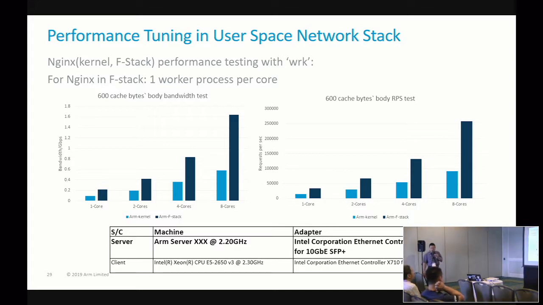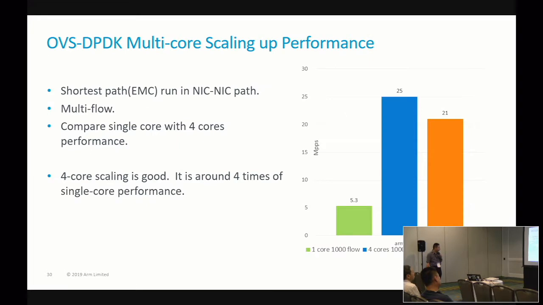When we use more cores, from 1 to 4 to 8 cores, the performance improvement is much higher, either in bandwidth or requests per second, for the Nginx test. Nginx is a typical web HTTP server software widely used today.